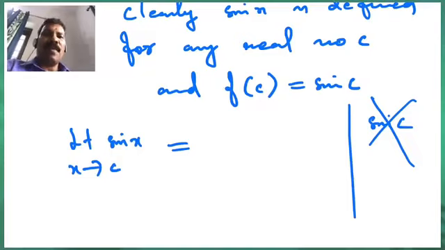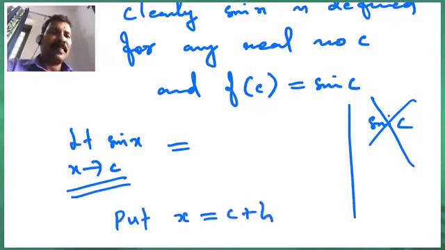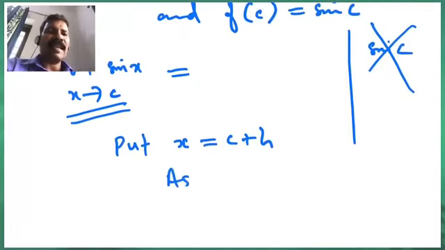So here we have to apply some other technique. Here x tends to c. x tends to c means x is approximately c. So why don't we put the actual value of x, that is c plus h. So here it is very clear that as x tends to c, h becomes 0.